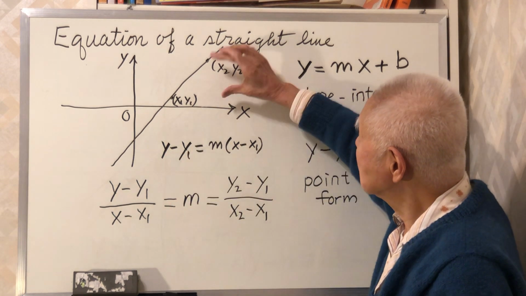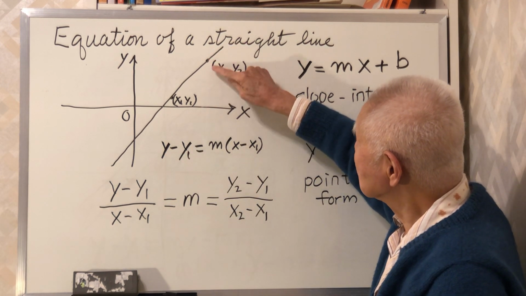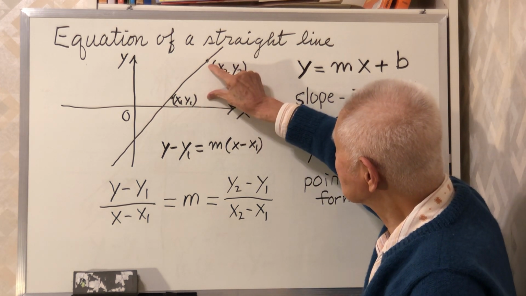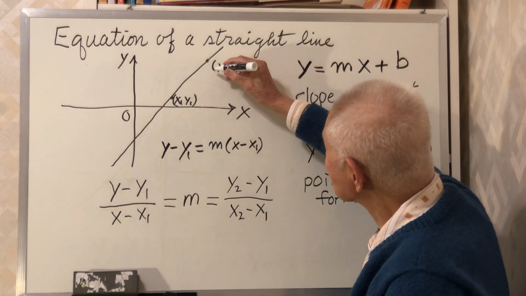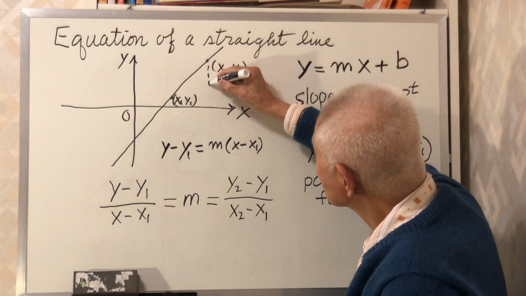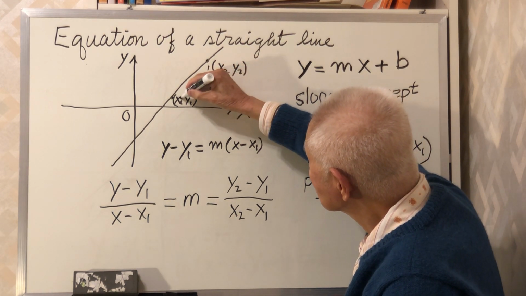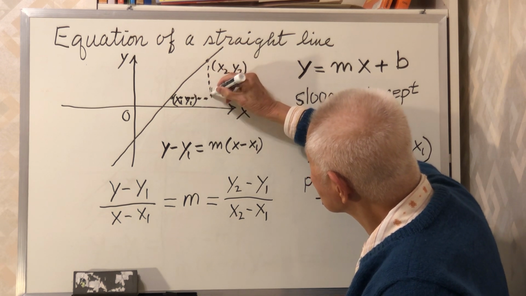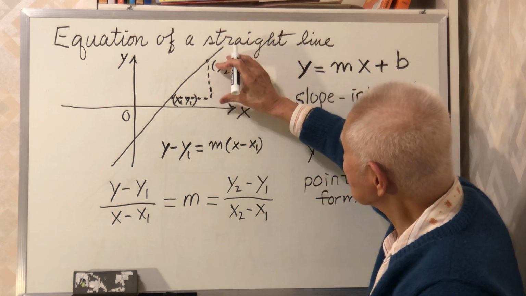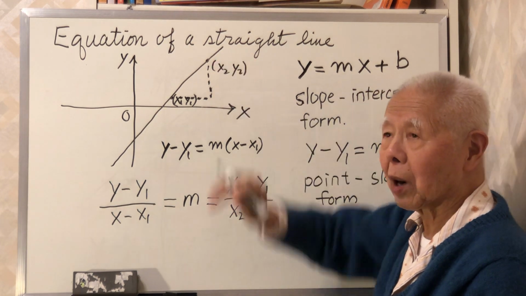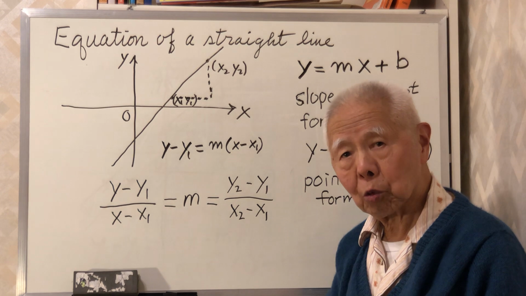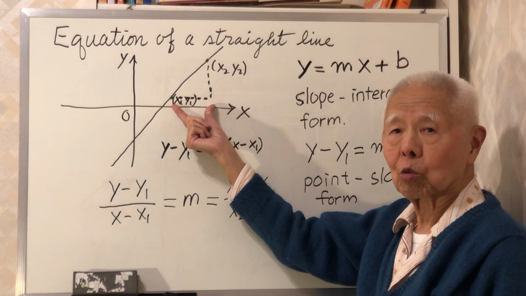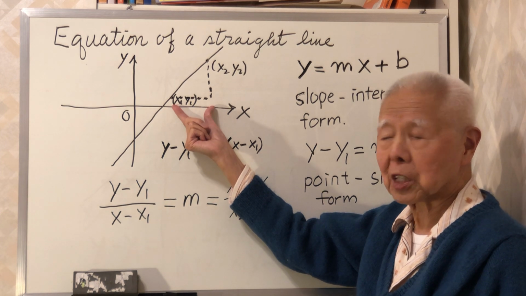This is a rise. What is a run? This is a run, which is x2 minus x1.